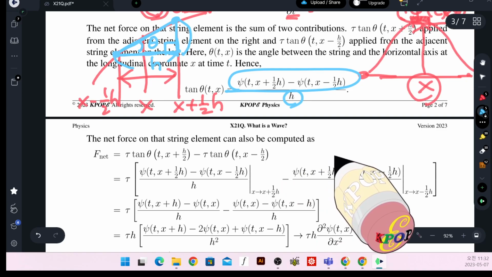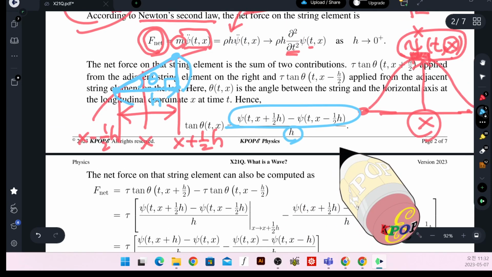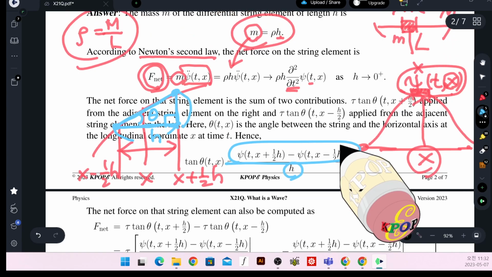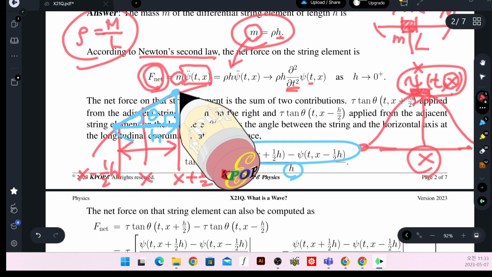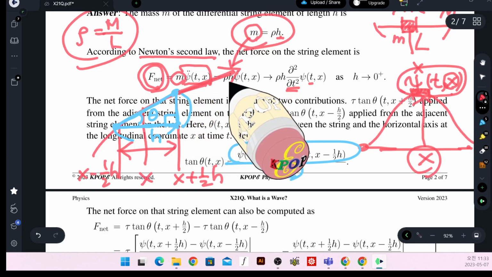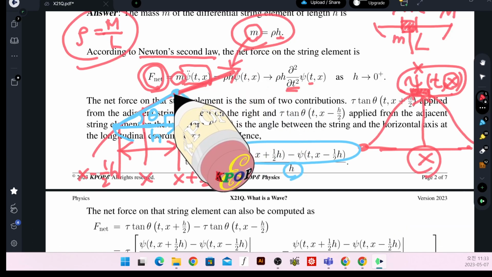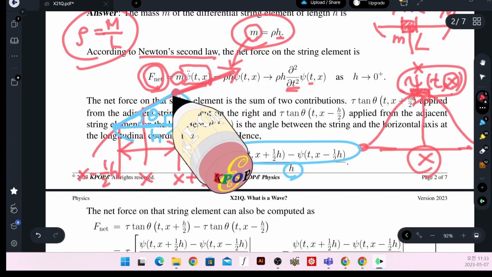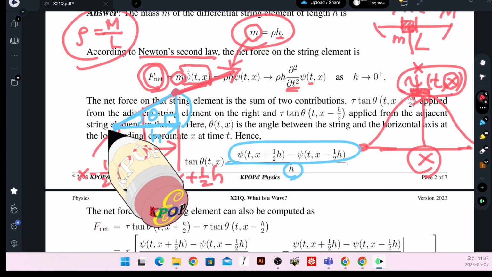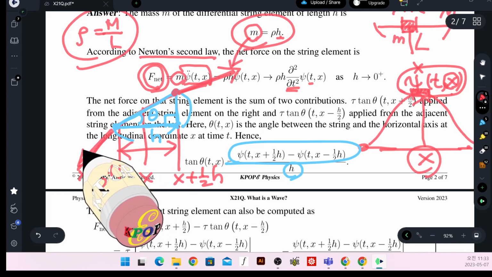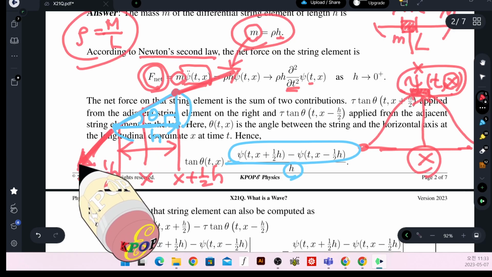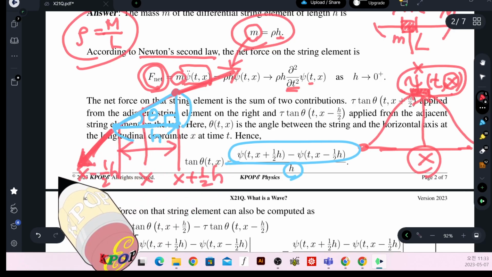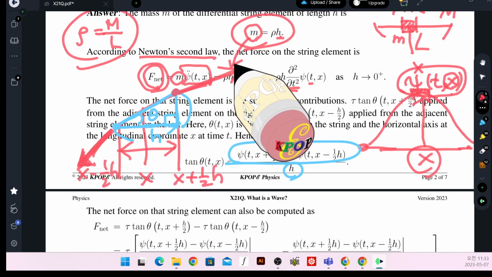All right, so the force applied to this tiny piece consists of two contributions. The first contribution comes from the tension applied to the right end of this segment. The second force is applied in approximately the opposite direction, downward if the slope is in such a manner.